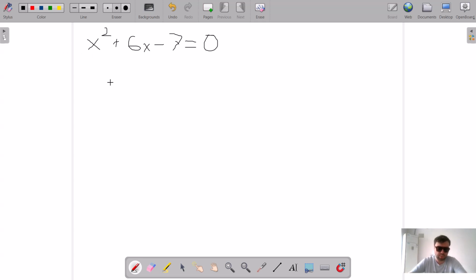While completing the square, we need to move this constant. This is the a, b, c constant. C has to be moved to the right side, so let's move it and continue.